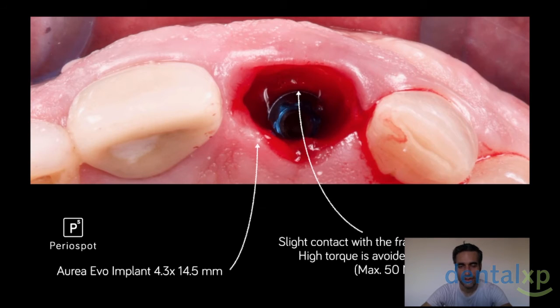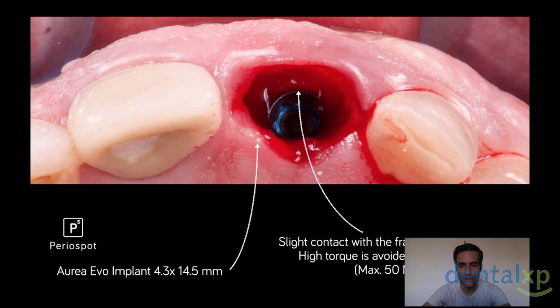And nowadays we know, because we have research ongoing and we are going to publish it soon, that we should never go over the 50 newtons when we are doing a socket shield, and we should avoid the contact between the implant and the fragment, because of the two failures that we have in our clinical report.